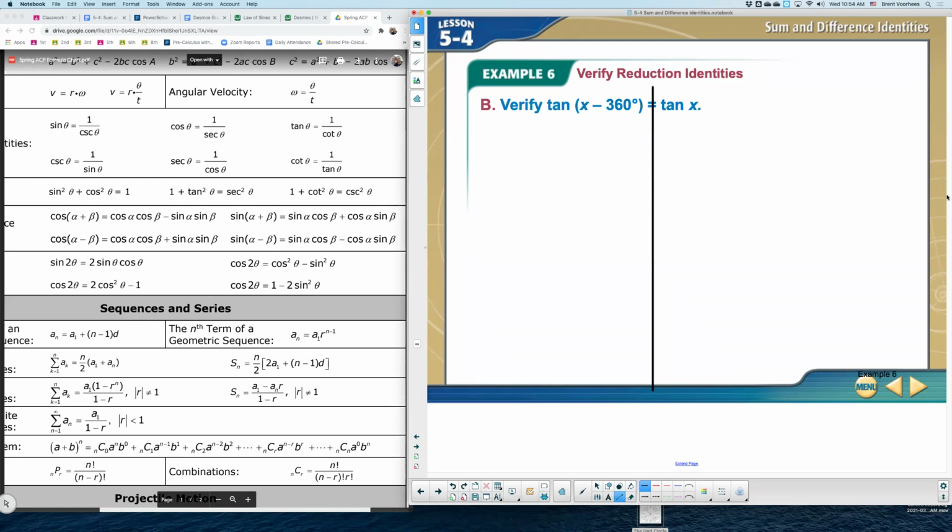Okay, so using our formula for tangent, if that's subtraction, it's going to be equal to tangent of angle A, here's A, B, minus tangent, sorry, right sign, tangent 360 over 1 plus tangent x, tangent 360. So that is the tangent difference identity.